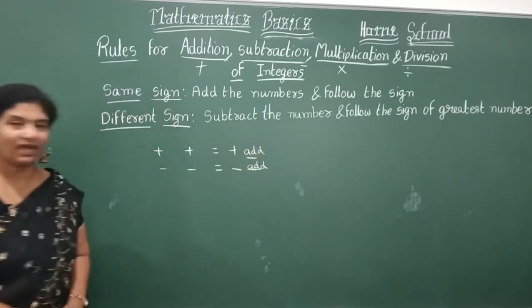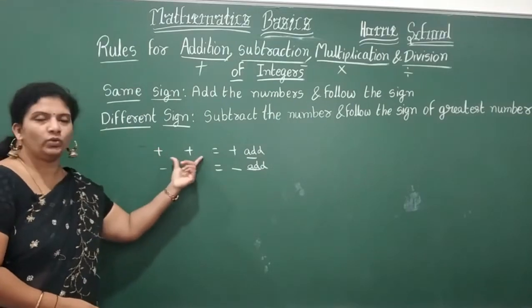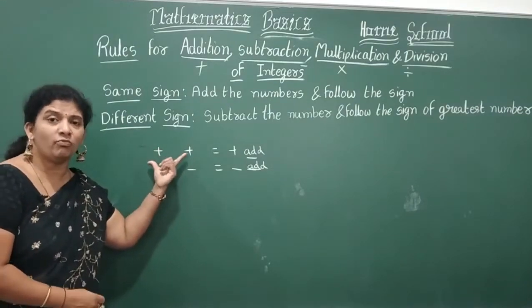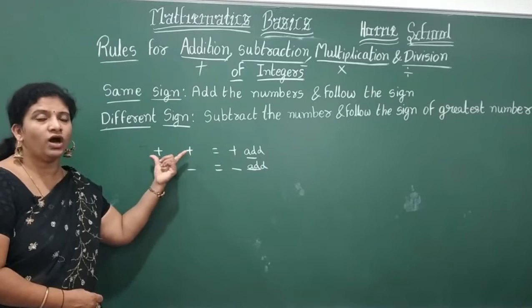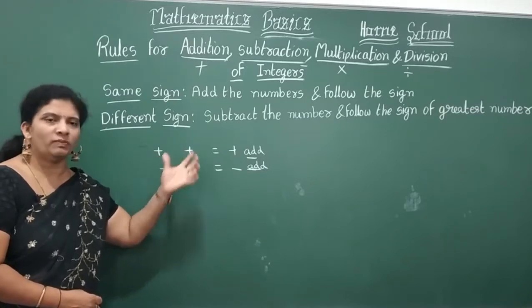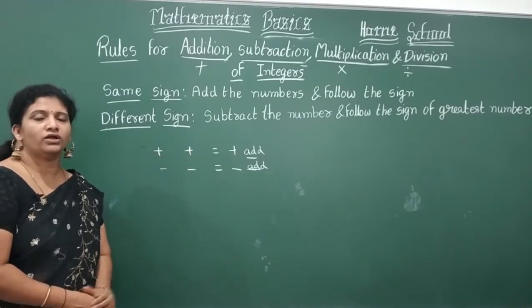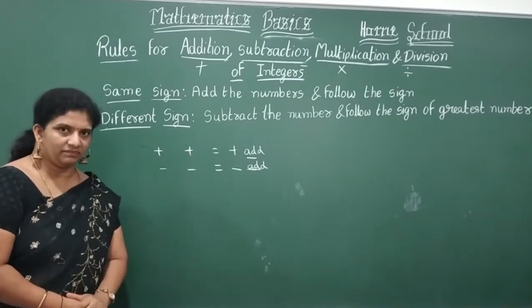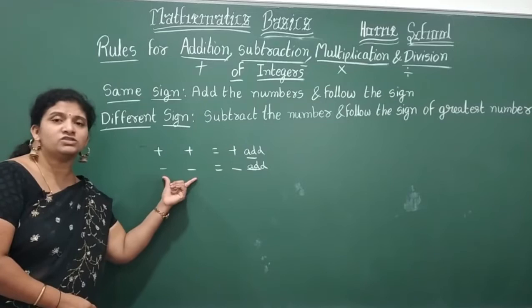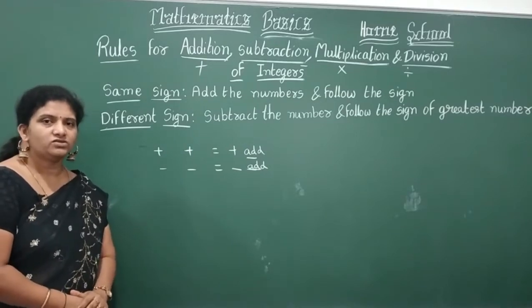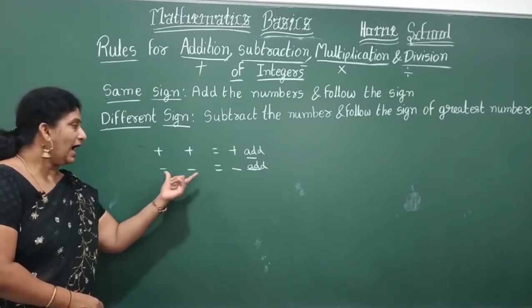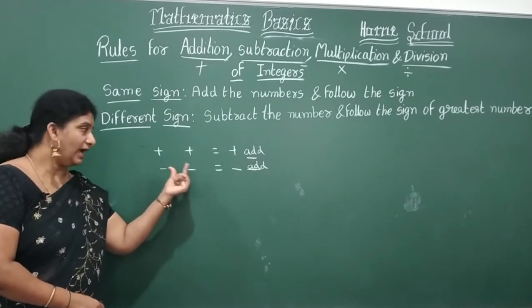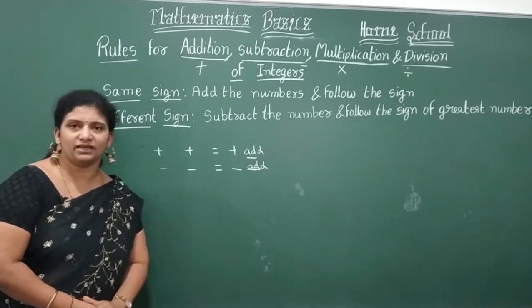Understand the concept carefully. If any two numbers both have a positive sign, what do you need to do? Plus 2 plus 3 there. What are you going to do? Add the two numbers and take the plus sign. Suppose you have minus 2 minus 3 there. So what are you going to do, children? Add the two numbers and take the negative sign.